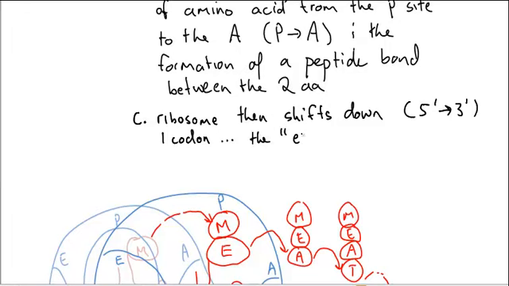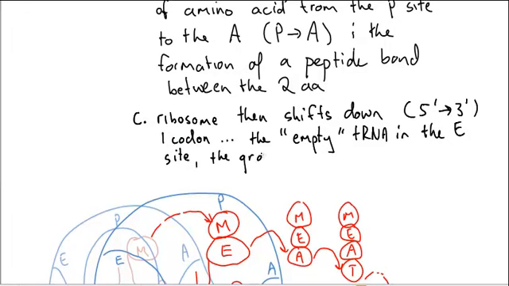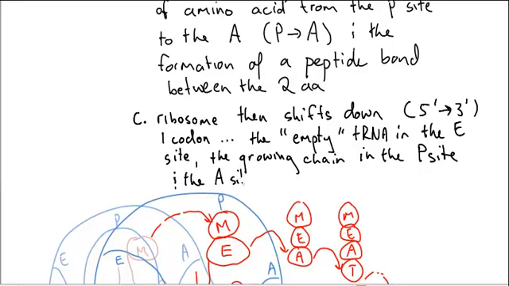This results in the empty tRNA, the original one, in the E site, the growing chain in the P site, and the A site is empty and available for the next tRNA.